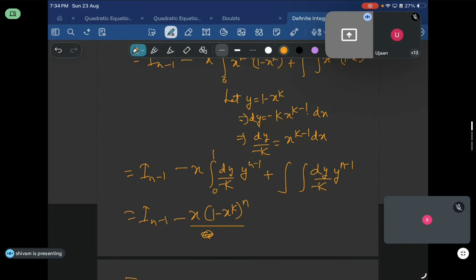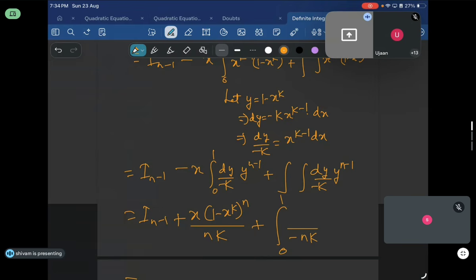So minus minus will become plus nk, plus integral of the same thing, y to the power n minus 1, so y to the power n divided by minus nk. This is from 0 to 1.